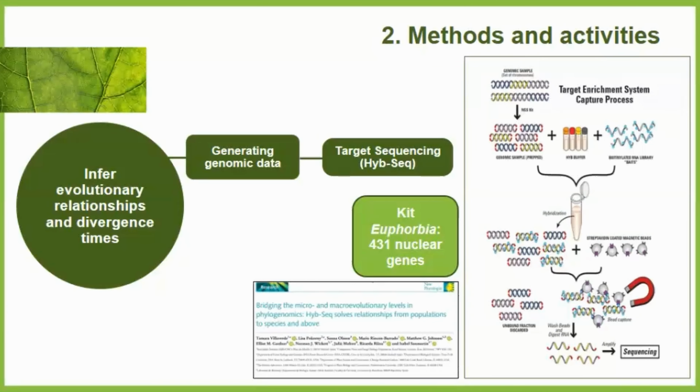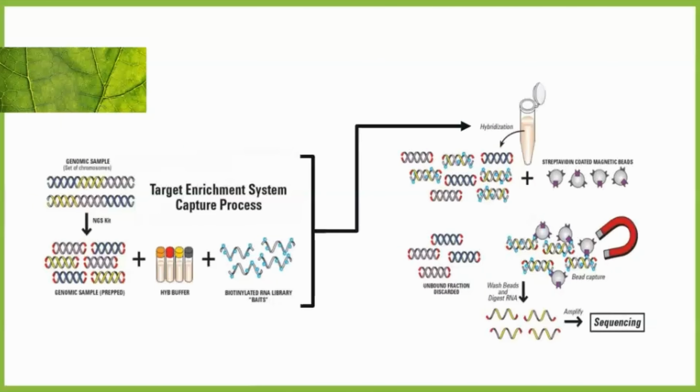And what is different about HybSeq? On the one hand, you start normally with the DNA extraction and the libraries, but then you do an enrichment. That enrichment includes a lot of hybridization baits that are like mega primers.